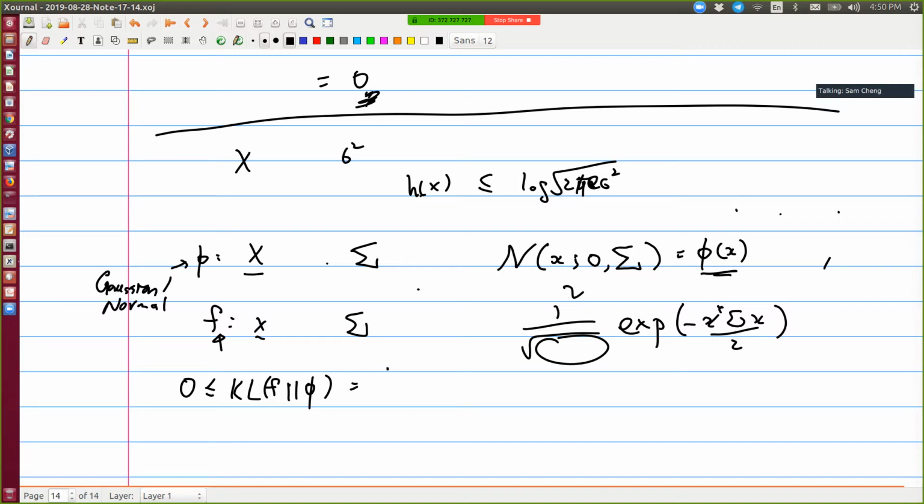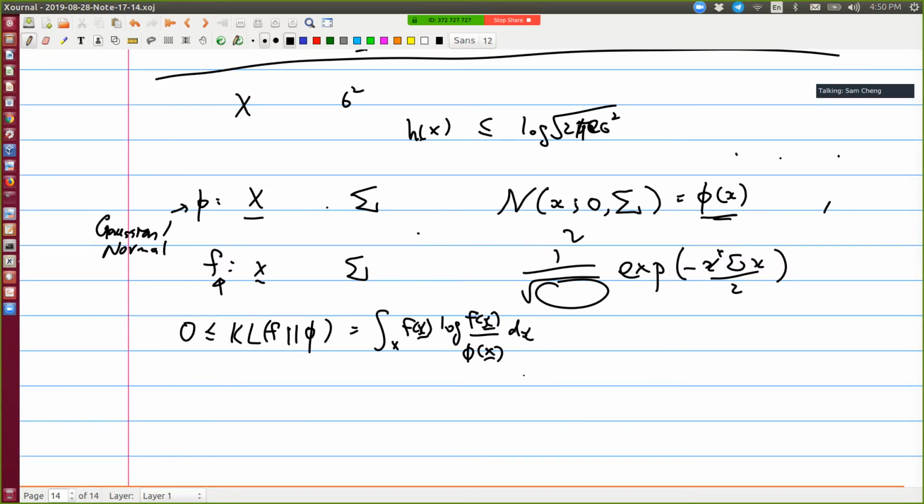And by definition, this is equal to the integral of f(x) log of f(x) over phi(x) dx.